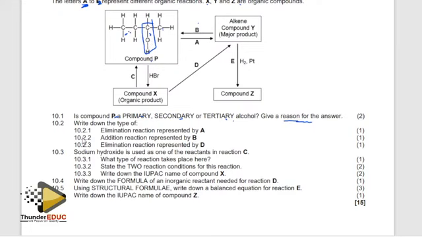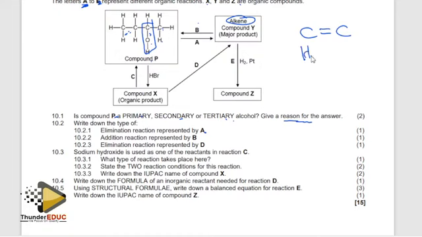Question 2: is reaction A elimination? Where is A? A is this one going here. Does the reaction represent elimination? Okay, from here to alkene. You are going from the alcohol to a double bond, so automatically you have eliminated. Elimination reaction A: write down the type of elimination reaction, they're asking you.